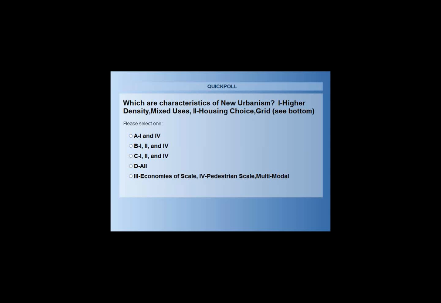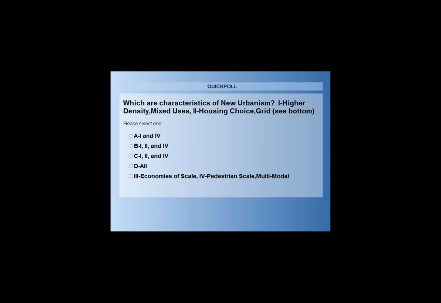Dave, I just want to break in and say I did go ahead and launch the poll, and I just want to apologize to everyone. The polls are limited in what we can actually type in, the amount of space that they provide us. So the way the poll comes up, it says, what are the characteristics of new urbanism? And then somewhat in the question, and then somewhat as the last answer, which is not an answer, I had to list the 1, 2, 3, and 4.